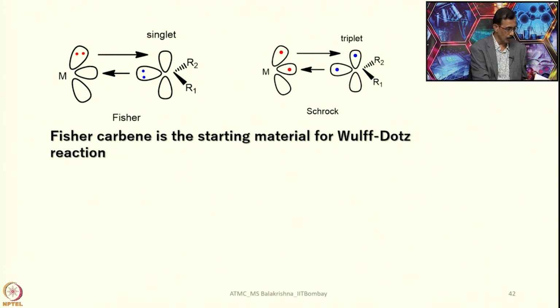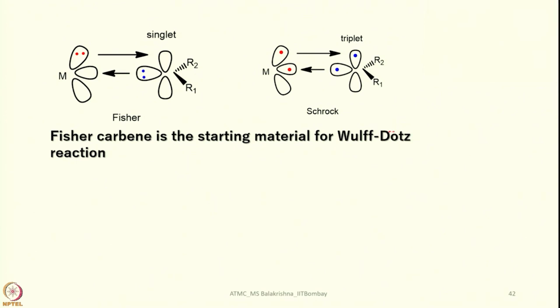What is that Wolff-Dotz reaction? Let me write it here. For example, you take a Fischer complex of chromium pentacarbonyl. R prime can be hydrogen, in this case it is hydrogen.